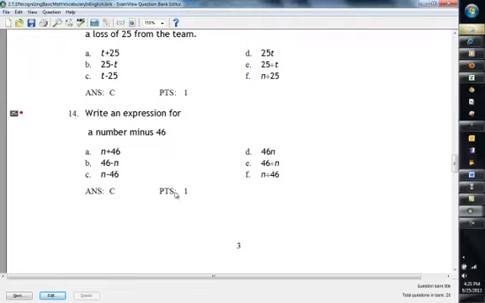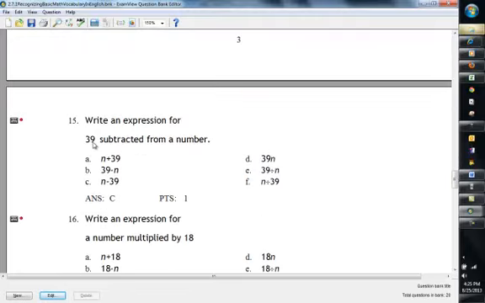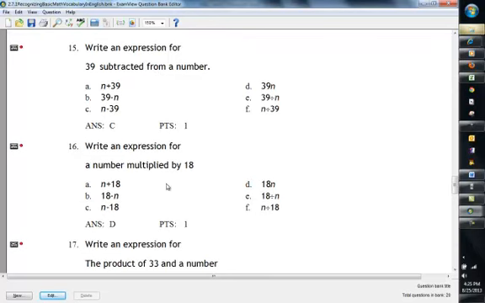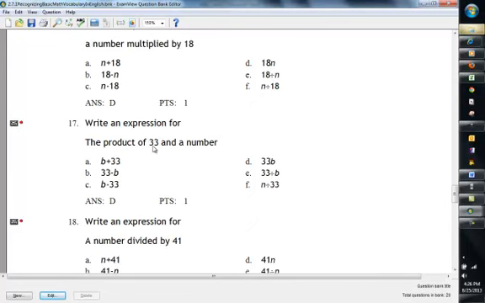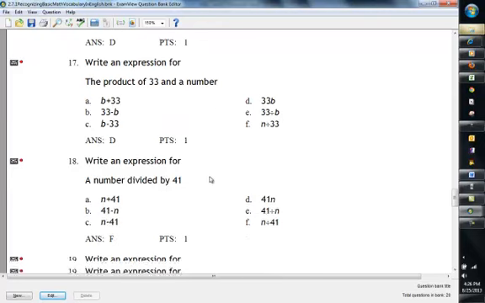39 subtracted from a number, you see the word from here, so that's a switch order word, number minus 39. A number multiplied by 18. Now we could say N times 18, but in math we always put the coefficient in front, and so it'll be 18N. Product of 33 and a number, same thing, 33B.